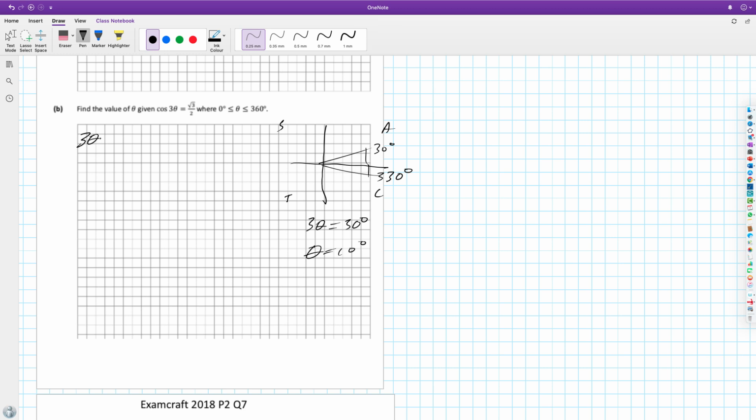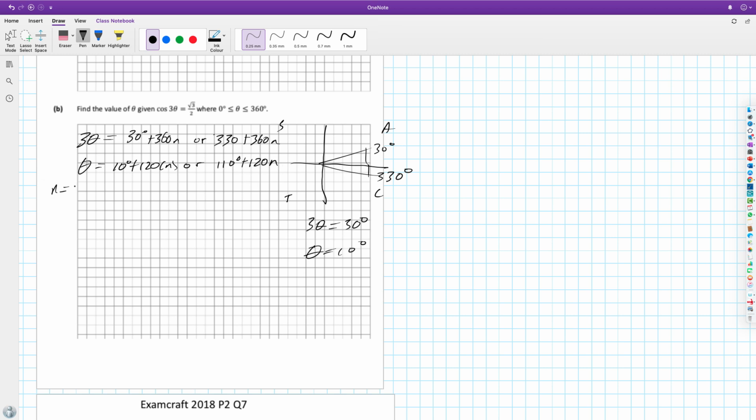So 3 theta is equal to 30 degrees plus 360n, or 330 degrees plus 360n. We all happy there? Divide across by 3. Theta is going to be equal to 10 degrees plus 120n, or 110 degrees plus 120n.